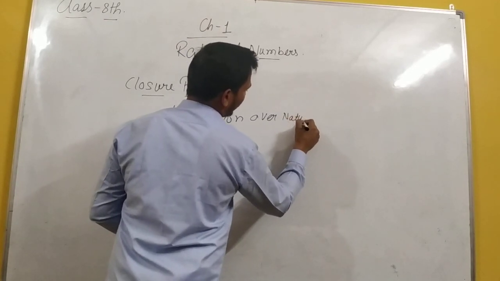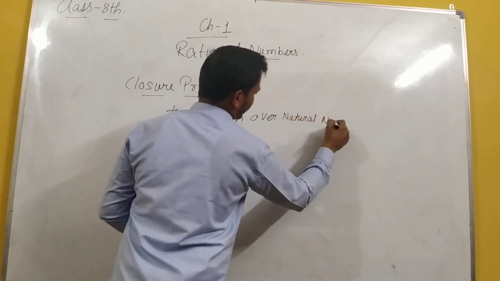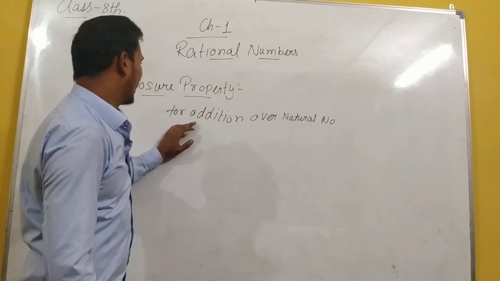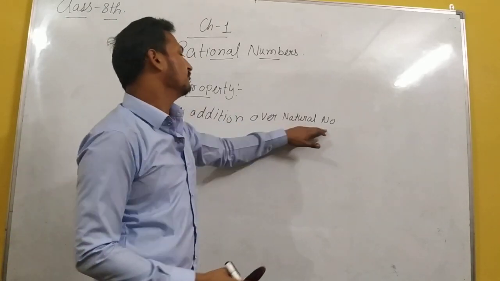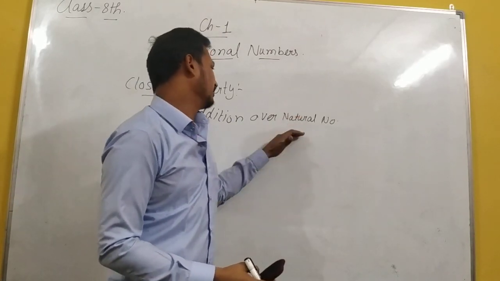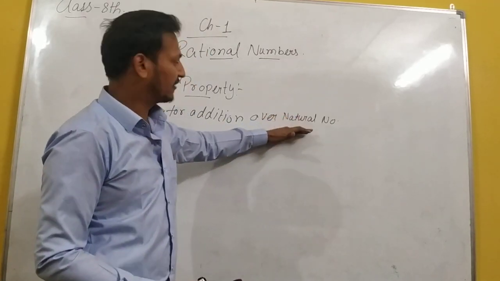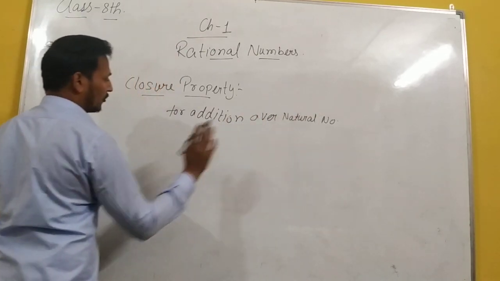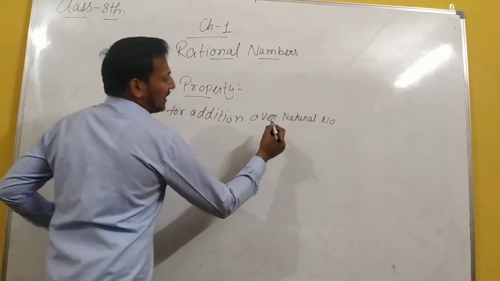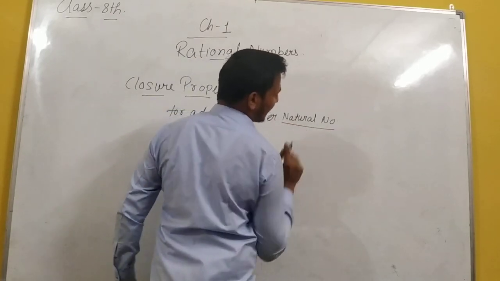Both things should be defined: that the closure property is over addition, and on which set you are doing it, whether natural numbers, rational numbers or integers.